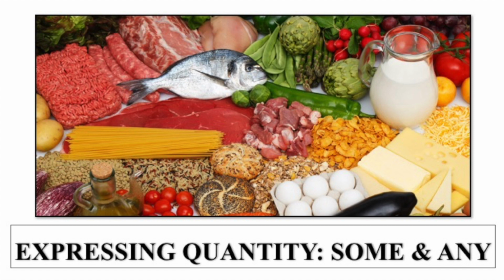Do you have any fish? Do you have any milk? Yes. Do you have any pasta? Yes. Do you have any eggs? Yes. Do you have any hamburgers? No. But you see how we can use any when asking about all objects.